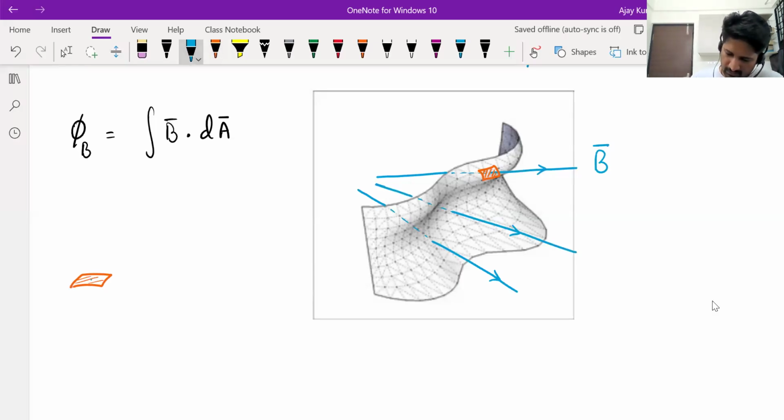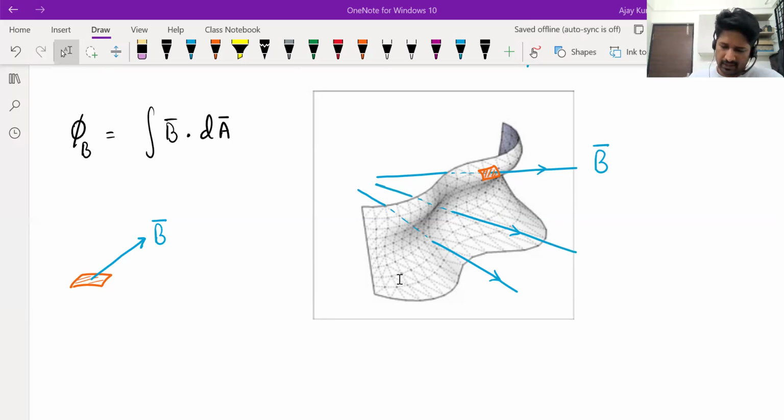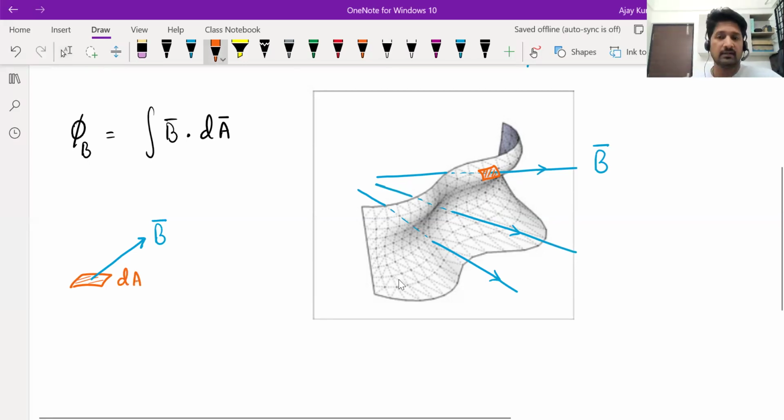And there's a field line, the magnetic field over that patch. Let us call it as B. Okay. Now, how do you draw area vector for a surface? Suppose the area of this patch is dA. How do you assign a direction to area?